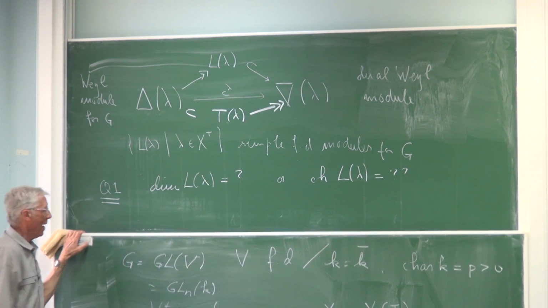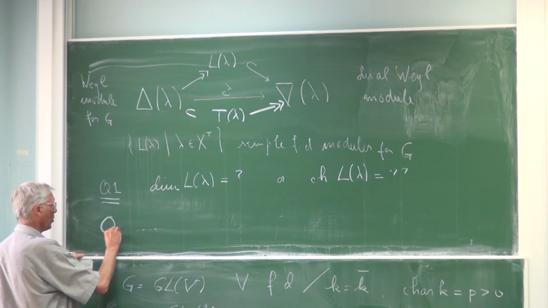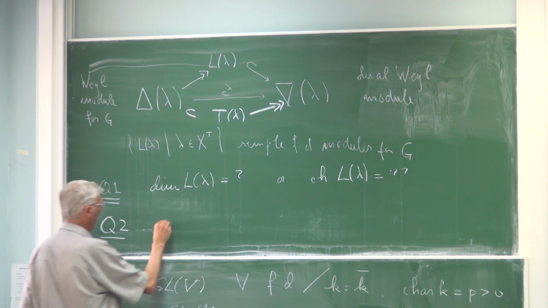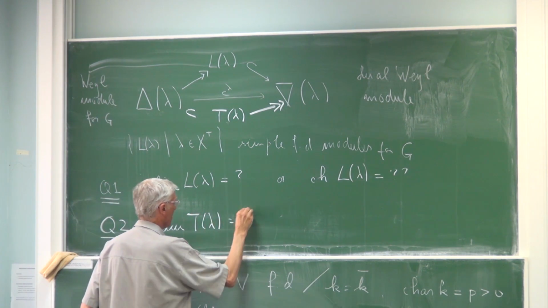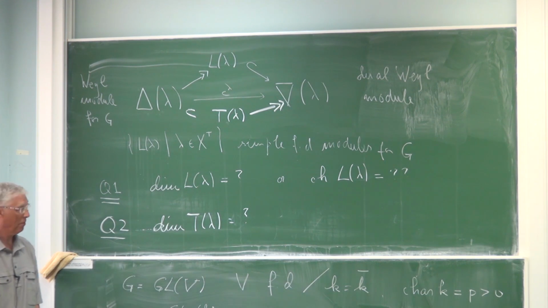And now the second question I want to ask is, what is the dimension of T lambda? So again, if the characteristic is 0, I have not told you anything new at all.